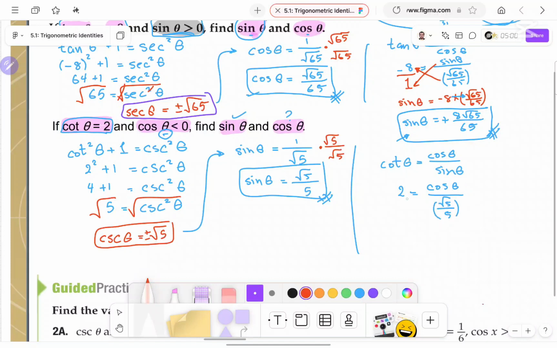Now we cross multiply: this over 1, cosine times 1, and 2 times this. So cosine theta is equal to 2 square root of 5 over 5. Now this is the final answer. But as I told you, cosine is negative, so I have to put negative in the final answer.